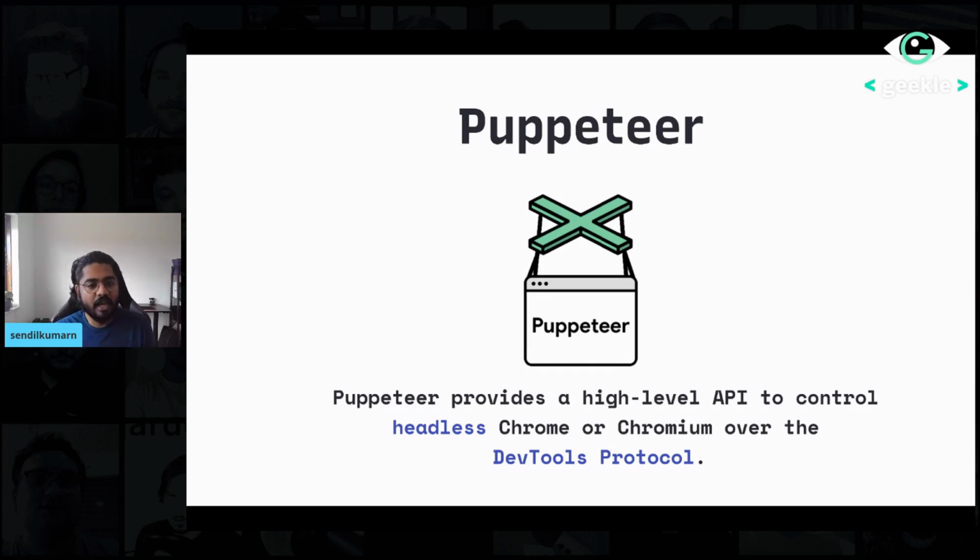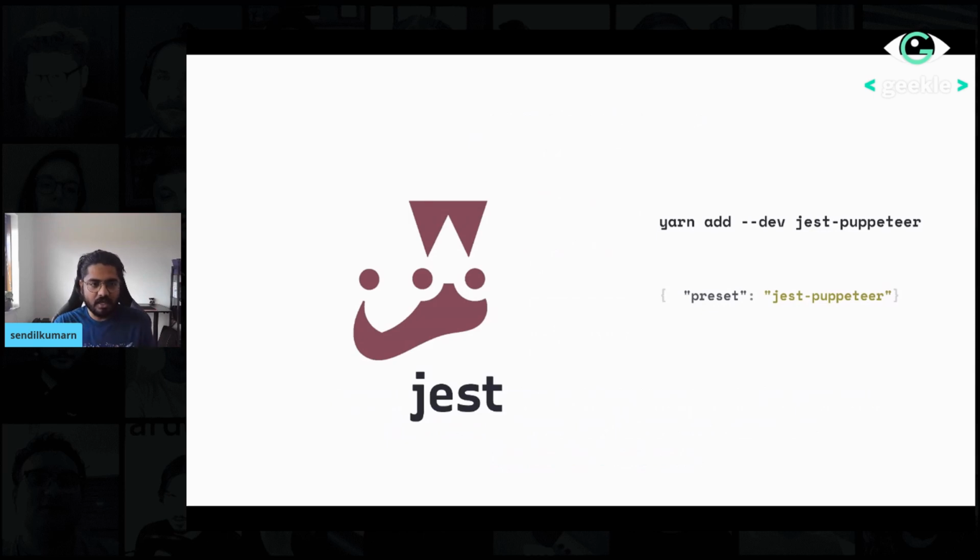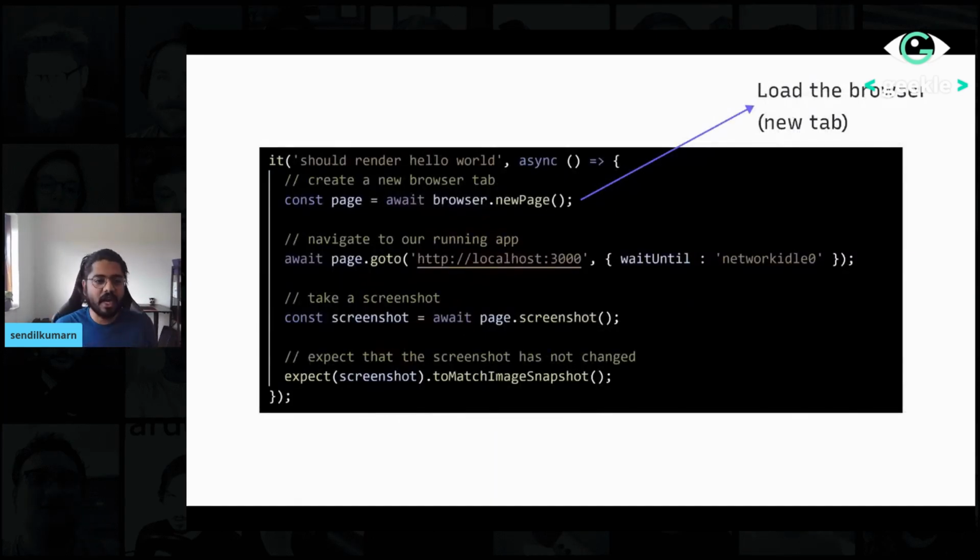For example, in the React world, if you're using Jest, you have the jest-puppeteer library. You can use it to glue Jest and Puppeteer together. You just set the preset as jest-puppeteer and install the dependency. That's so simple, right?